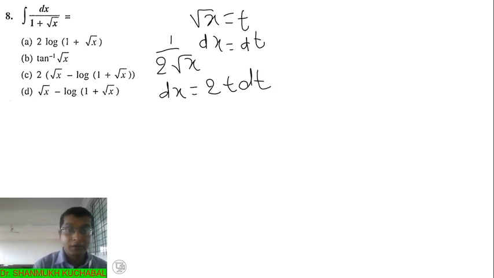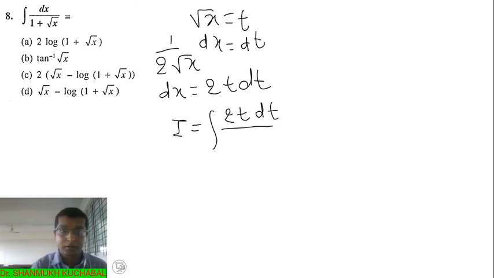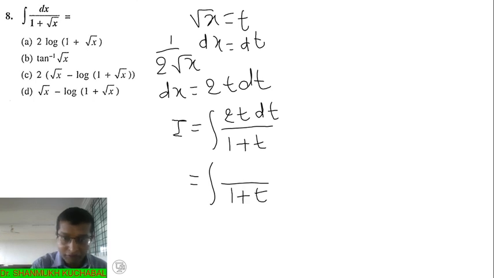Yes, these values we have to substitute in the integration. So integration I equal to dx means I can write 2t dt, divided by 1 plus root x, which is t. Dear friends, we have used the method of substitution. Now we have to take the denominator same function to the numerator, that is 1 plus t.